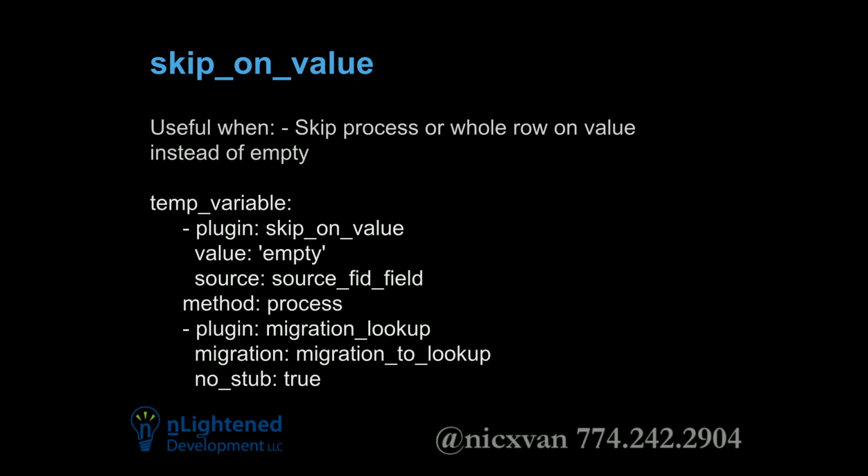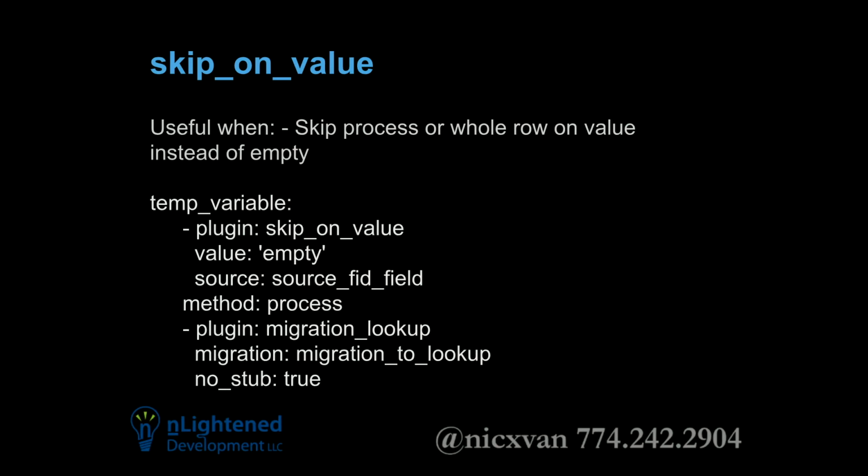Skip on value. This is one that I used a couple times because sometimes when you're creating the source, it's difficult to actually output an empty field, and the migration just fails if there's nothing there. Like, it needs to have a value.